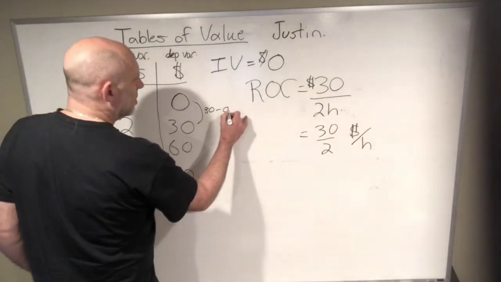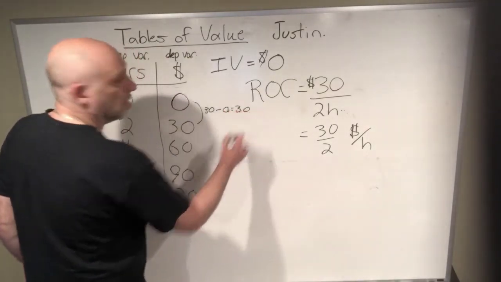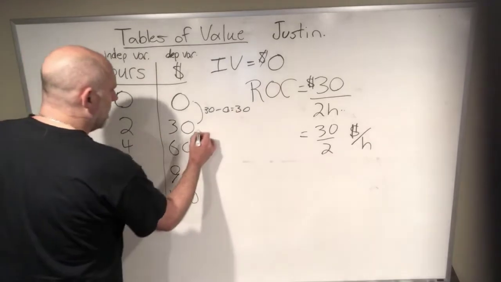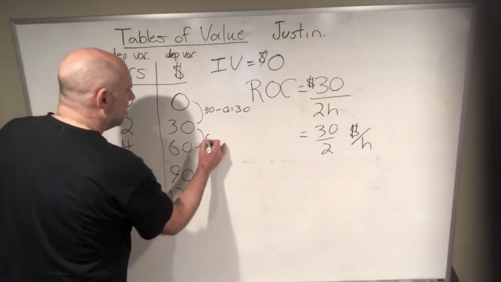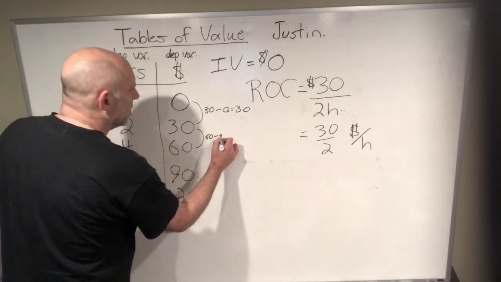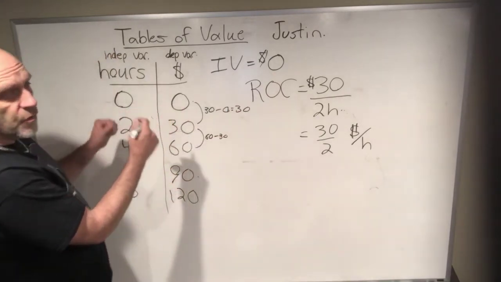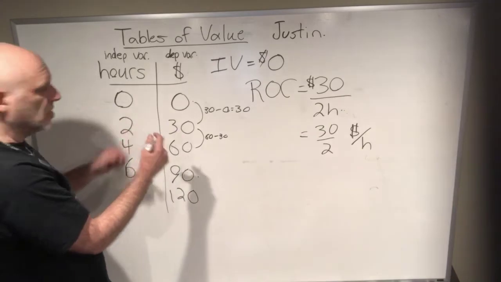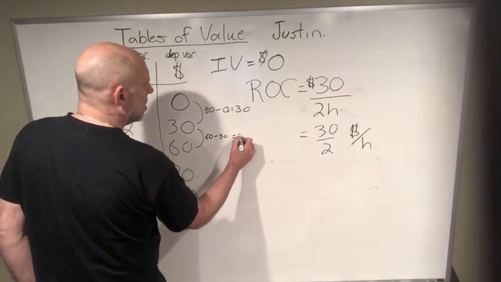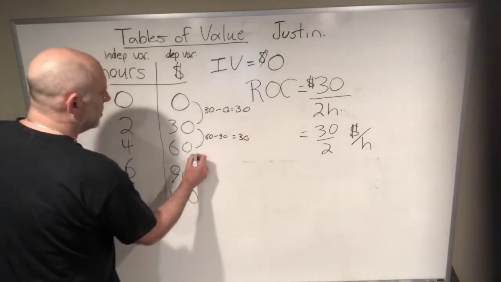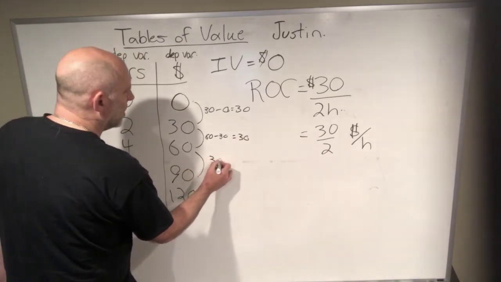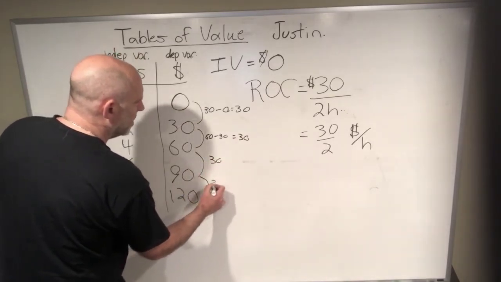That's 30. Okay? The second step, 30 to 60. 60 take away 30. It's always the second one minus the first, third minus the second. Okay? This distance will also be 30. We're going up by 30, up by 30.